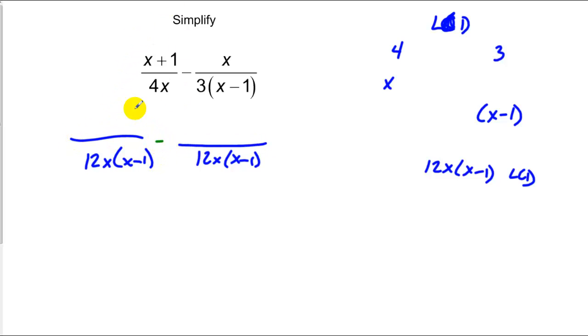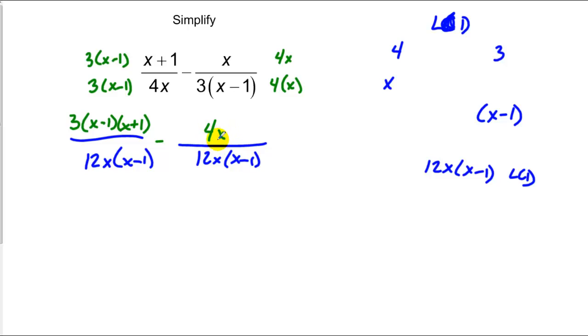Multiply by what's missing. I need to get from 4 to 12, so that's a 3. I've got the x, but I'm missing the x minus 1. And then in the next term, I'm missing a 4 and an x. So in this term, I have 3 times x minus 1, x plus 1.